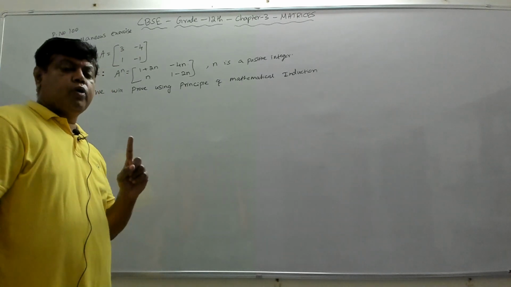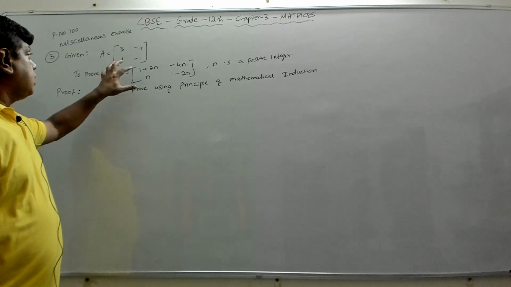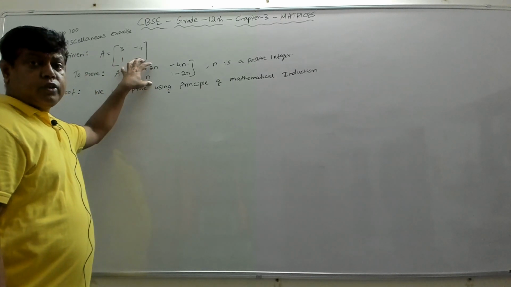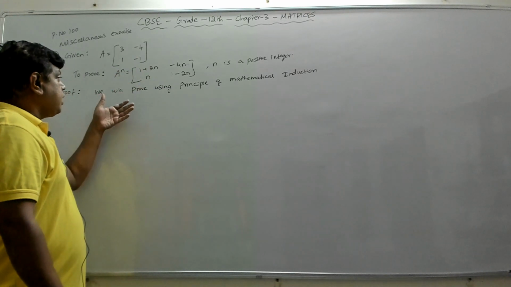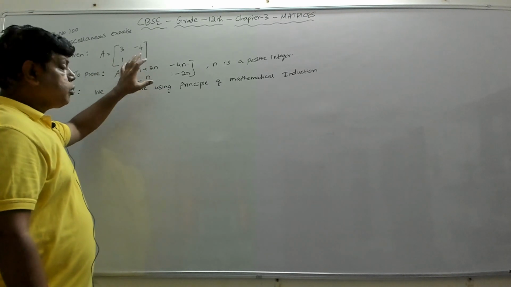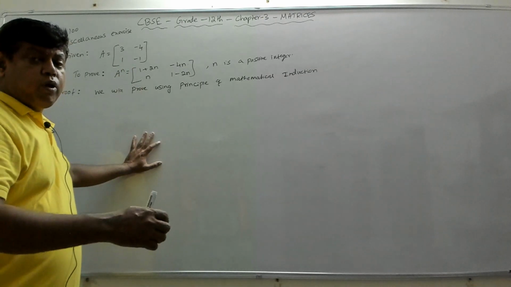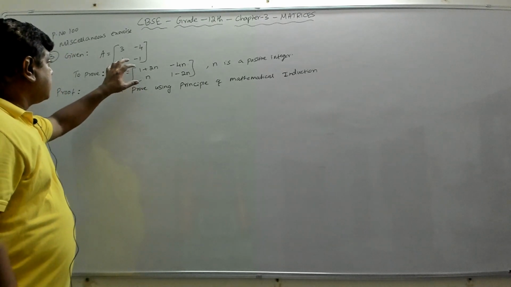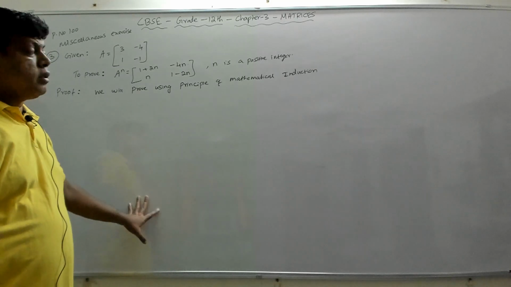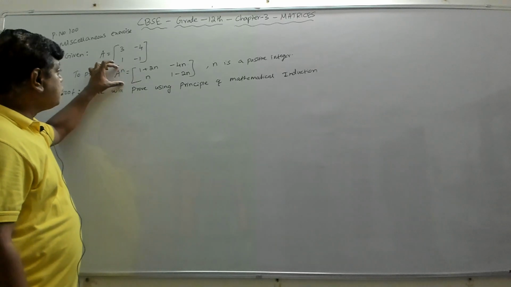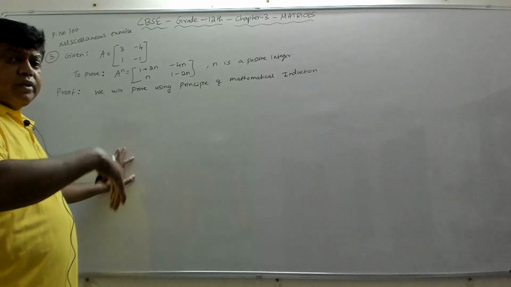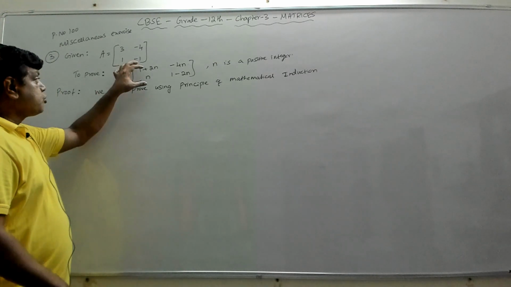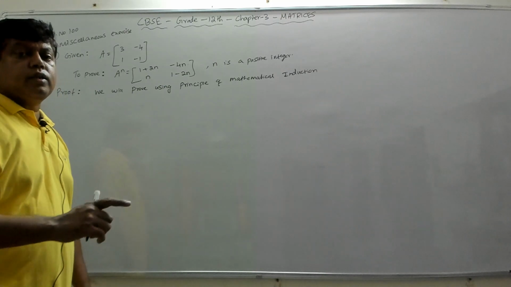Step 1, we have to prove that the given statement is true for n equal to 1. The second step is we have to assume that this is true for n equal to k. And the third step is we need to prove that this is true for n equal to k plus 1.